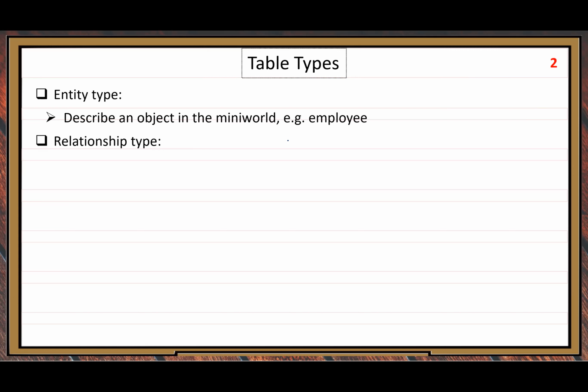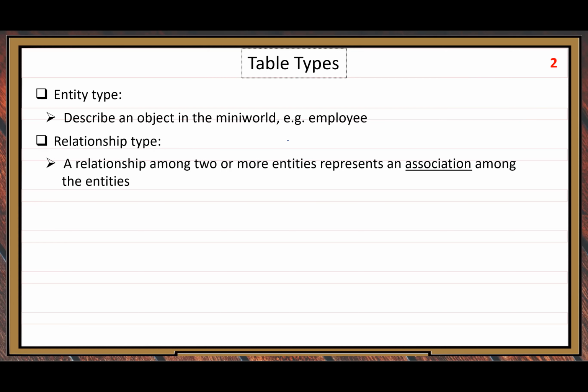It's different from the entity type. It describes the relationship between some entities. A relationship among two or more entities represents an association among the entities.